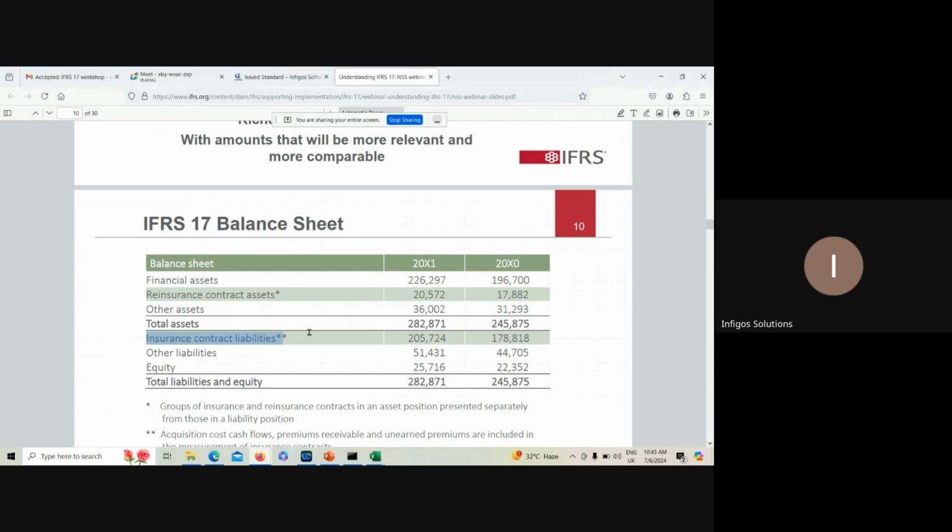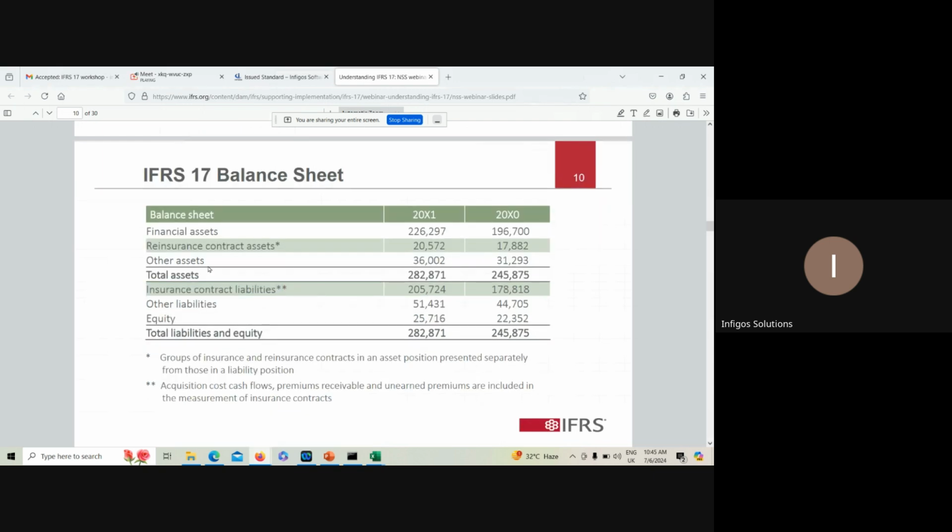So if I go here, reinsurance which I had taken is an asset, insurance which I have given is a liability. The difference of this particular asset and liability is my equity. If you understand it, it's very simple. If you don't understand it, it's very complicated. Got it?